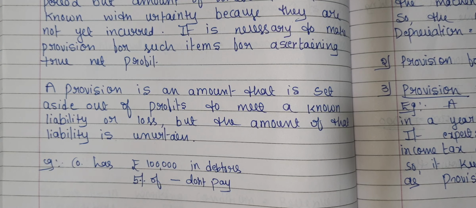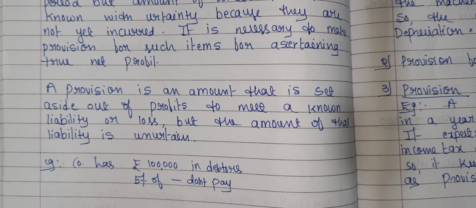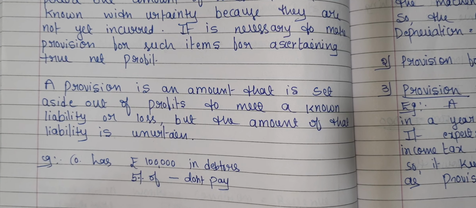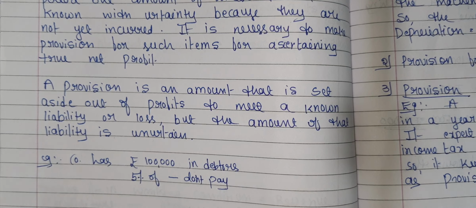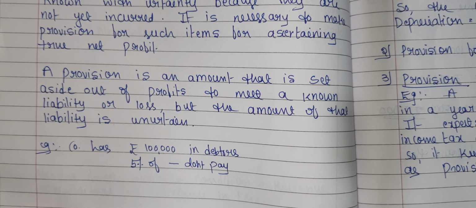Clear? So the business expects that 5% might not be received because some customers may fail to pay. Then the company creates a provision for doubtful debts.